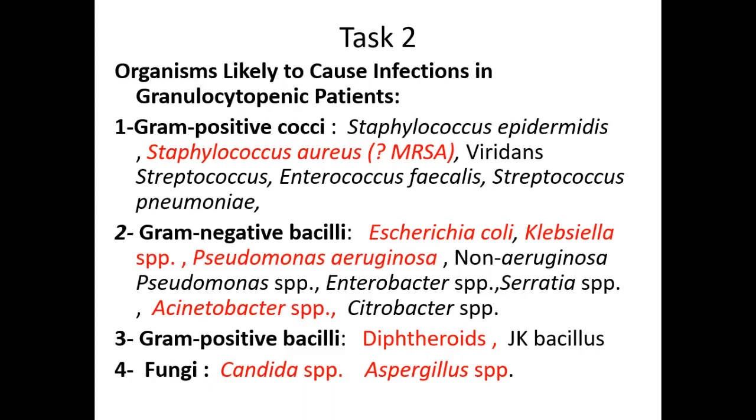We have the gram-positive bacilli like diphtheroids, and anaerobes. Fungi also can cause neutropenic fever, especially in patients with neutropenia who are treated with antibiotics. The most important fungi include the Candida and the Aspergillus species.